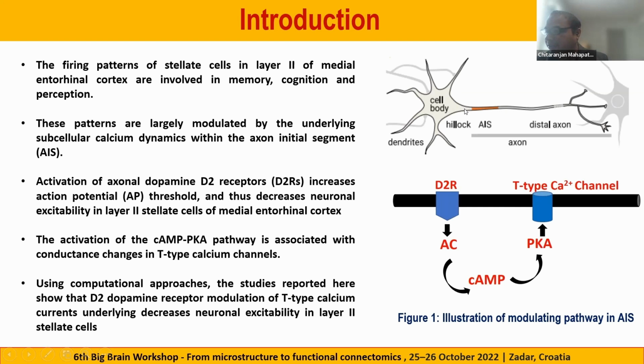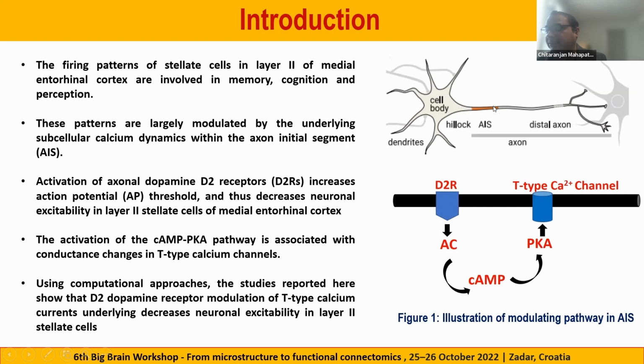In different pathological conditions, maybe motor disorders, Parkinson's, Alzheimer's, or perception and cognition disorders, scientists are now trying to find out the relationship of the AIS electrical activity with respect to those pathological conditions.